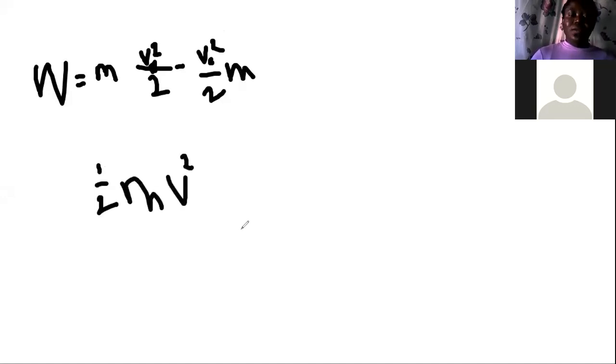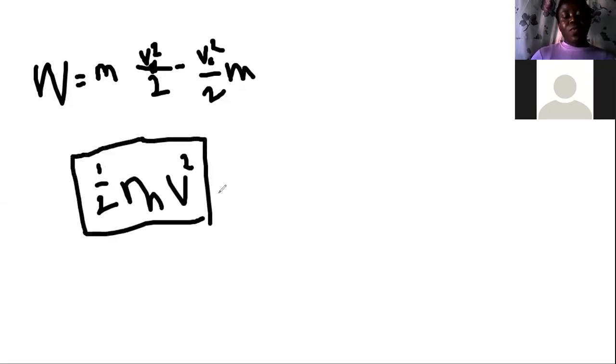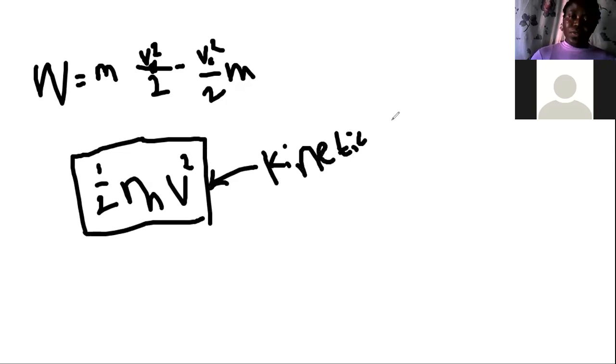So what is this quantity? Since it is in motion and is related to energy, it is what we call the kinetic energy. It is the energy of an object in motion.